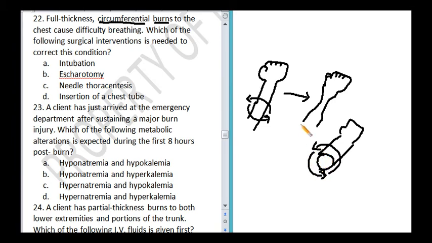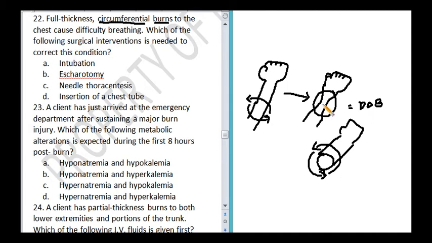Now, a part of the body that is affected by burn shrinks. For example, this part of the hand that had burn shrinks. Now, if this happened to your chest, the chest will shrink and the patient will complain of difficulty of breathing.